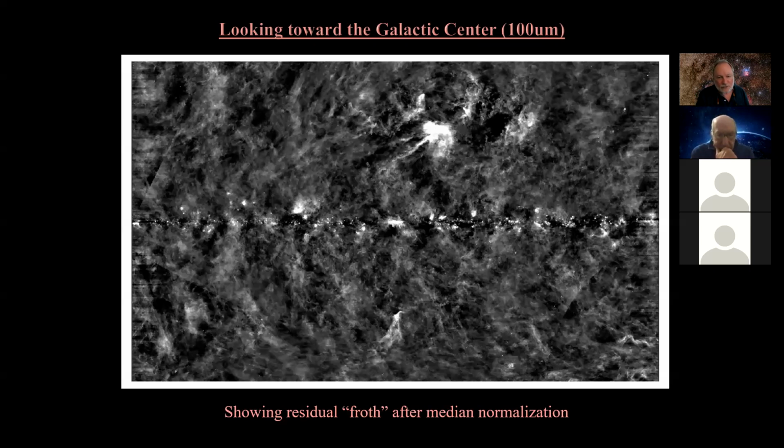And there's the froth. You can see it's like a carpet, a Berber carpet. The structuring goes all the way through the midplane. There's information at all latitudes. The power of the structuring seems to be constant at all latitudes. And that's something to pay attention to.